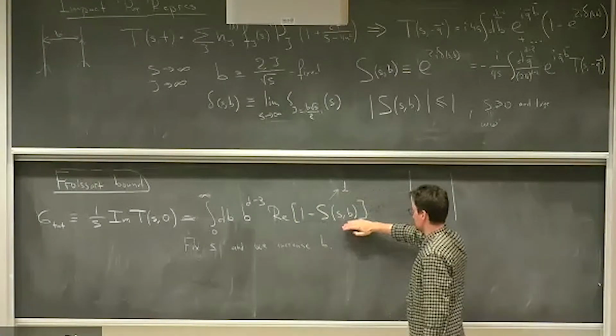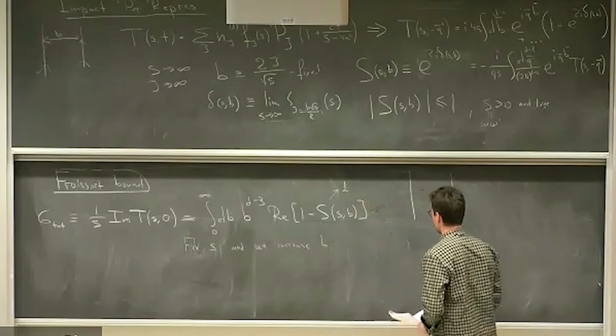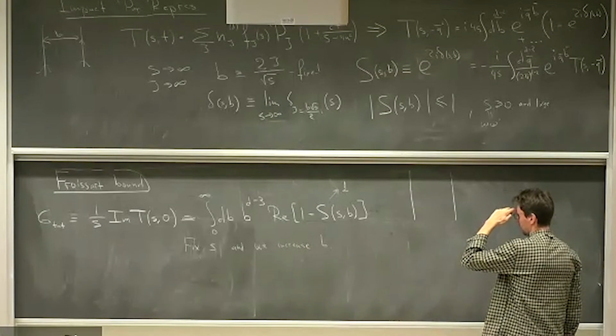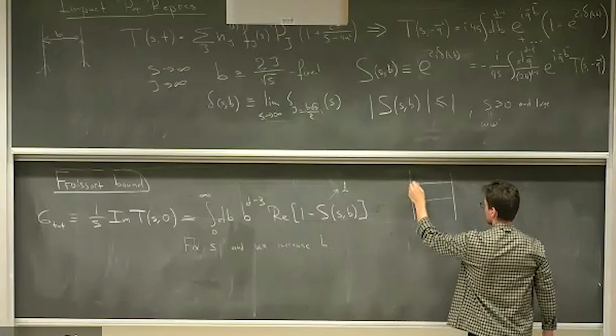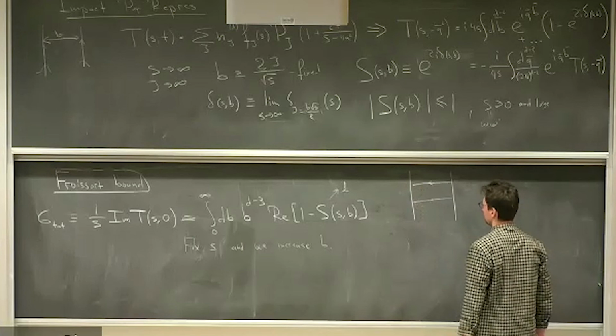So, one part of this question is easy. Let's say we have some scattering of particles, and let's say the lowest state we can exchange is, for example, 2 pions.